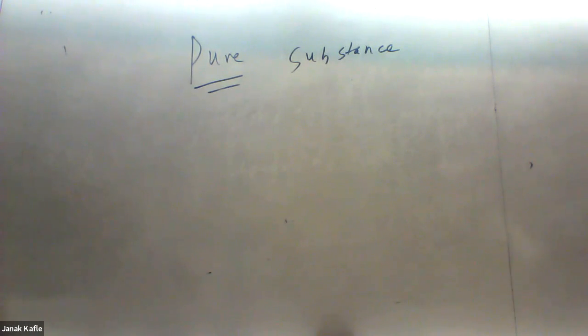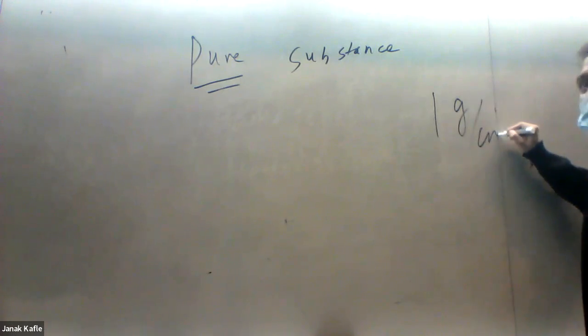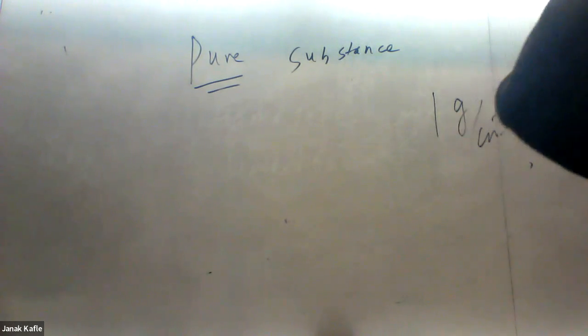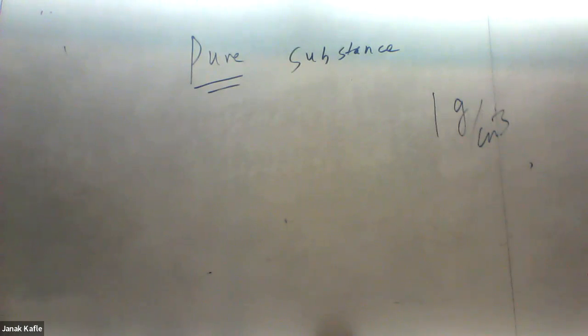One thing, yesterday we talked about it: pure water has a density of 1 gram per cubic centimeter, right? If you take 1 milliliter of water, or 1 cubic centimeter, and put it on the balance, its mass is always 1 gram. It's a very unique property.